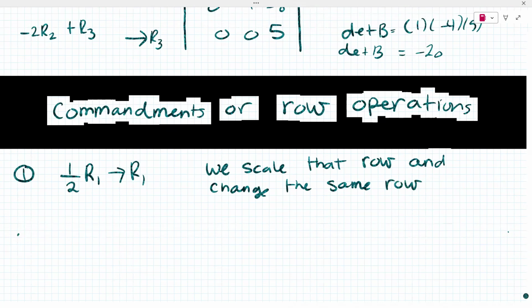Okay. The second commandment was -5 row 1 plus row 2 gave me row 2. So as you can see, we are adding, and then we also have a scalar. But if you look at the scalar, -5 row 1, it doesn't belong to row 2, so they're not related.